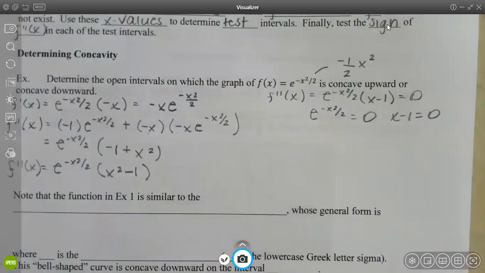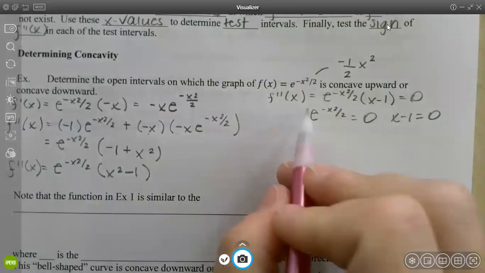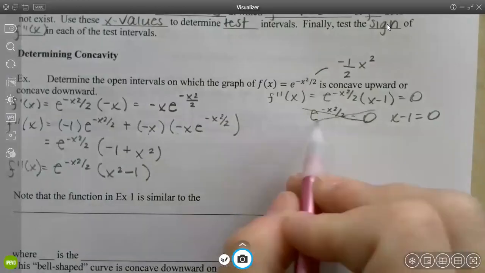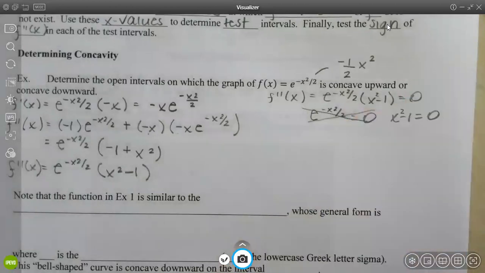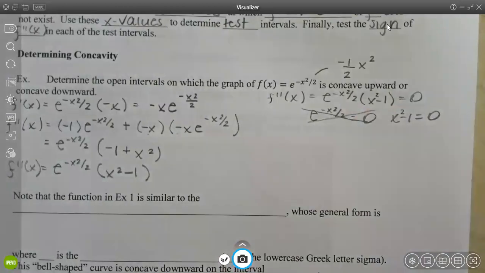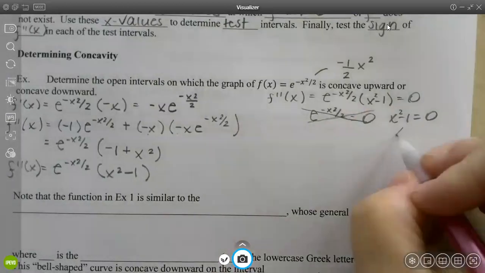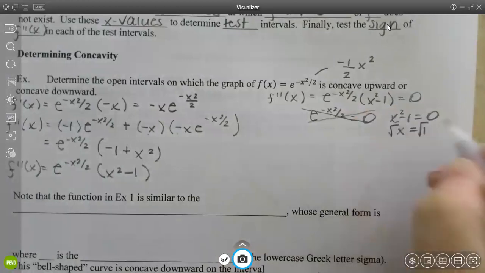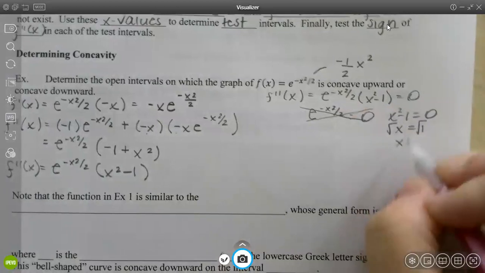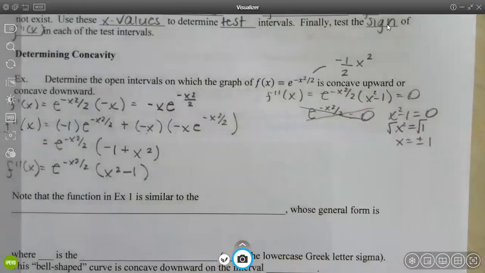Can I ln 0? No, so this one doesn't work. And then how do I solve that? Take the square root, and what do I get? Plus or minus 1. There are no denominators, so I don't have any other numbers that I have to worry about where it doesn't exist.